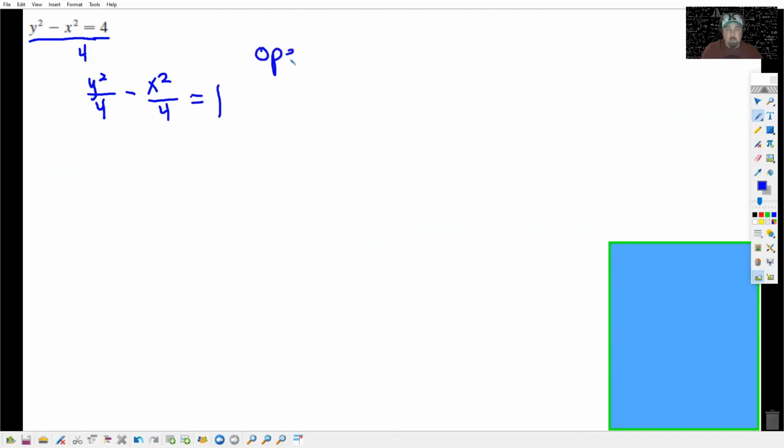So which way will this open on? Well, y squared's positive again, so this is going to open on the y-axis. And that means, just like our last sketch, our graph part is actually going to be up here and down here.